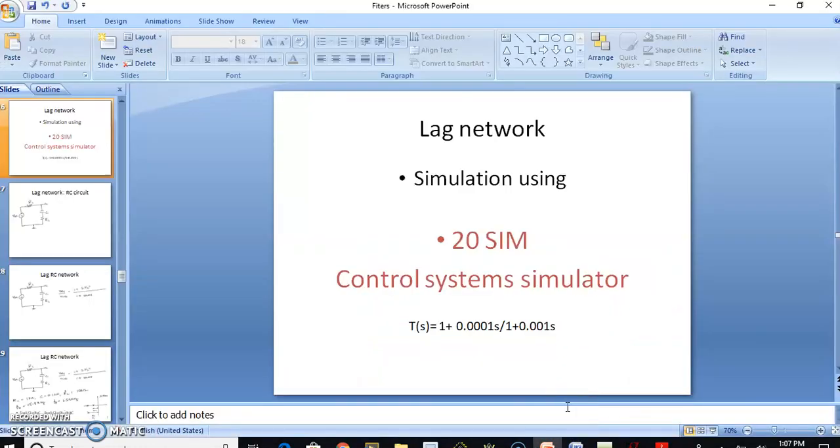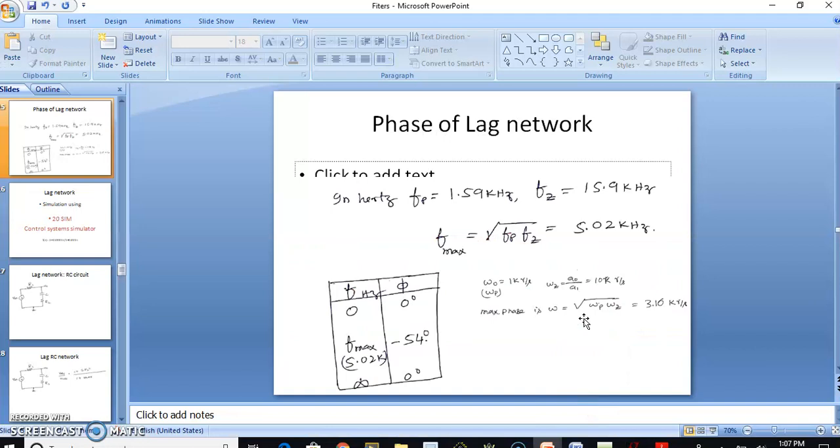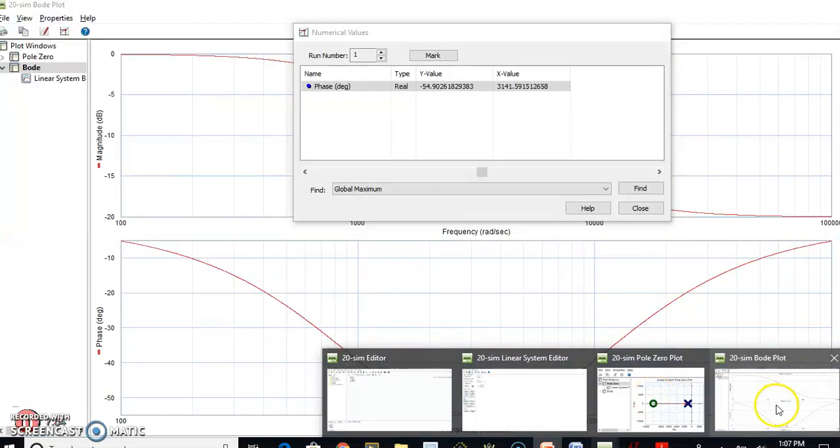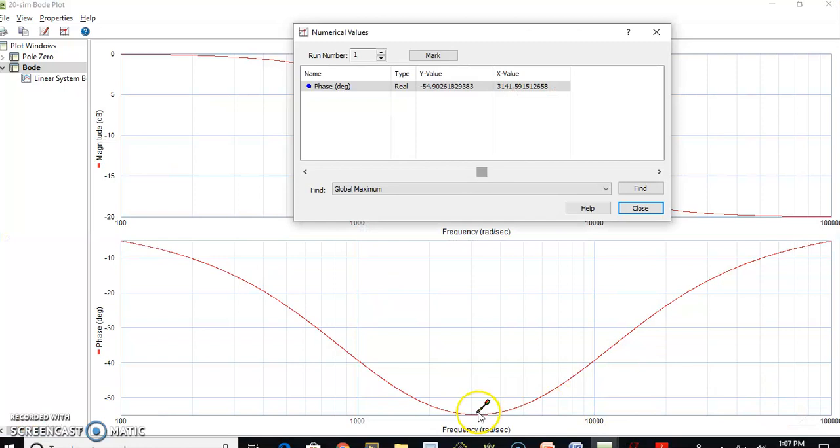You can see here is the phase we are looking at. This is minus 54 degrees at a frequency of 3.16 kilo radian, which is exactly seen over here. As the frequency gets lower and lower, the phase is almost equal to 0 degrees. If you start from a very low frequency, it will be almost 0 degrees.